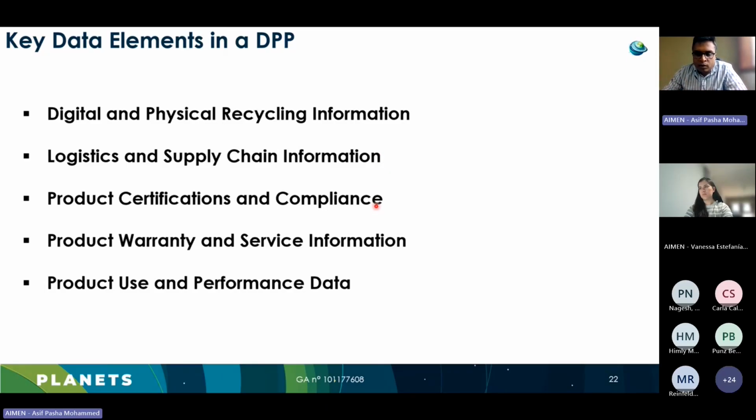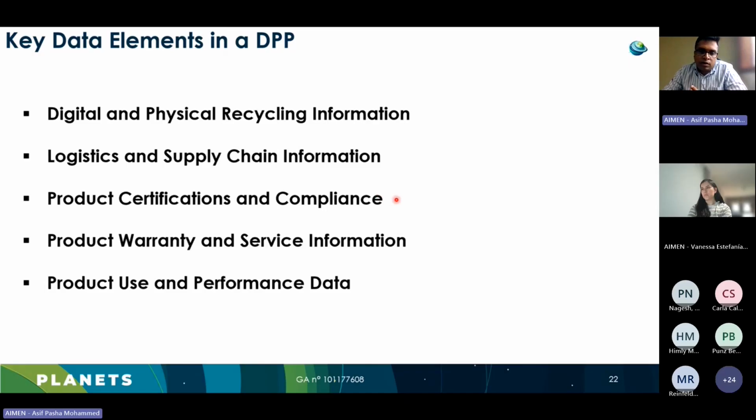And then you have the product certifications and compliances. So, okay, the manufacturers or the distributors can provide the information, but it's all very important that the related certifications and compliance certifications need to be included. So, for example, in terms of the energy, we have this Energy Star, EU Ecolabel, and other sustainability related certifications.